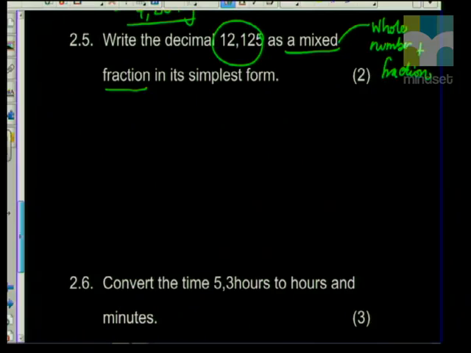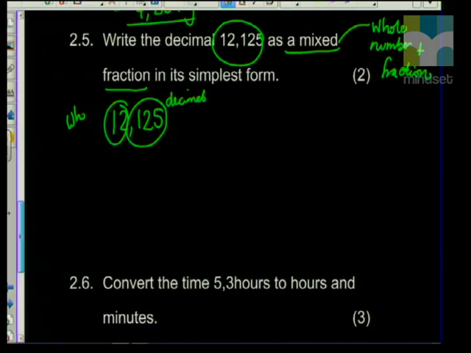So if I had to take 12,125, this is my decimal part, and this is my whole number. So this would be 12, and then 0.125.